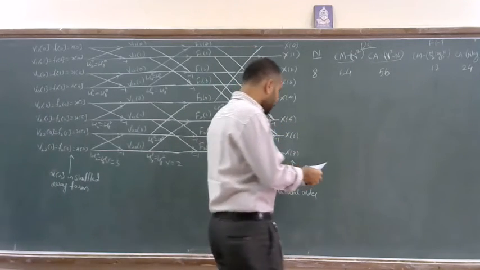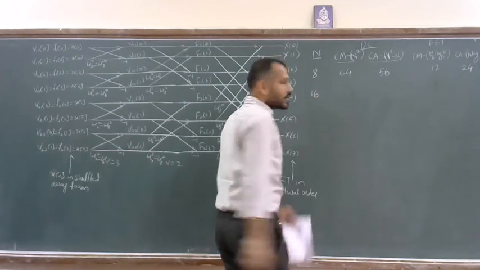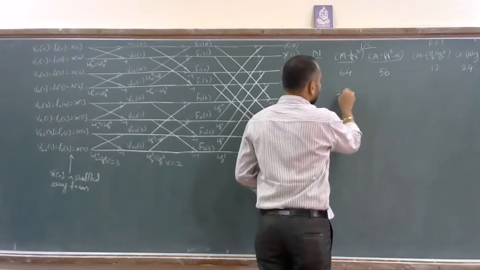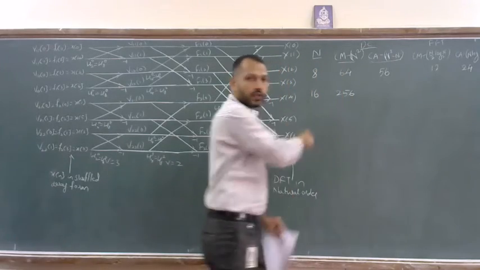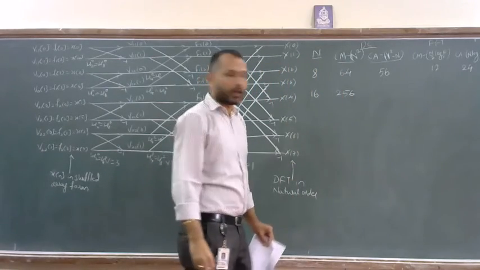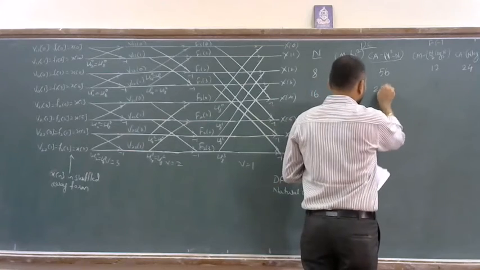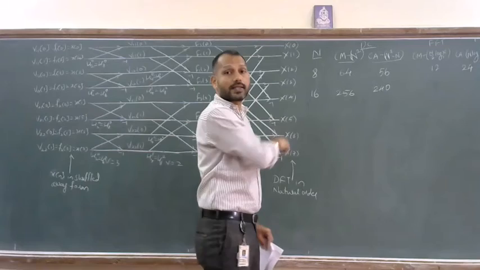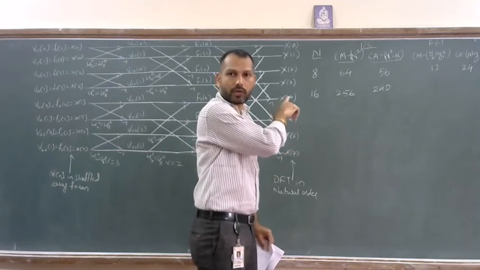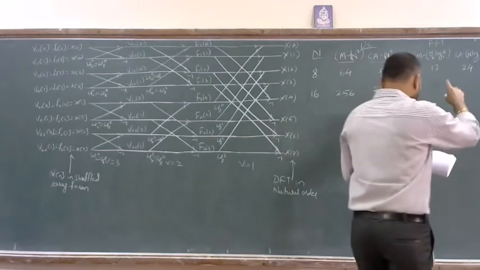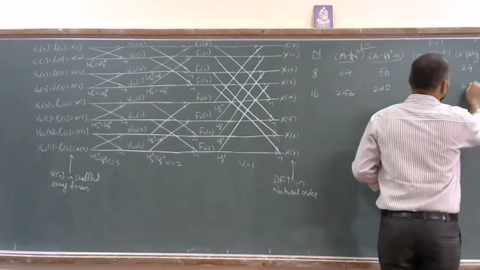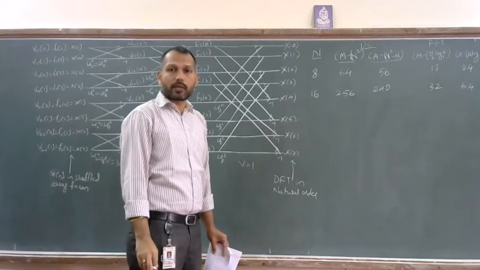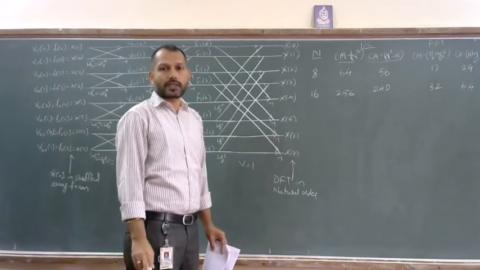If we want to calculate 16-point DFT, then by using the direct computation method, 16 square, which will be equal to 256 complex multiplications and 240 complex additions are to be performed. But if we use FFT algorithms, we'll just have to perform 32 complex multiplications and 64 complex additions.